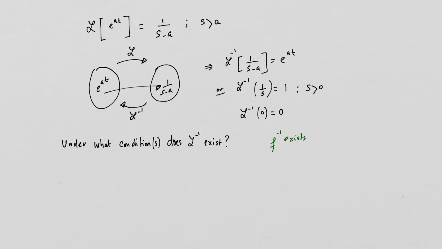And what the books mean to say is, it's silly to say if f inverse exists. F inverse always exists. You just go backwards. What it means is for it to be 1 to 1. So when we say if a function is not 1 to 1, we say f inverse does not exist. It's a tradition in mathematics. It's not the proper way to say it, but that's how we do it.